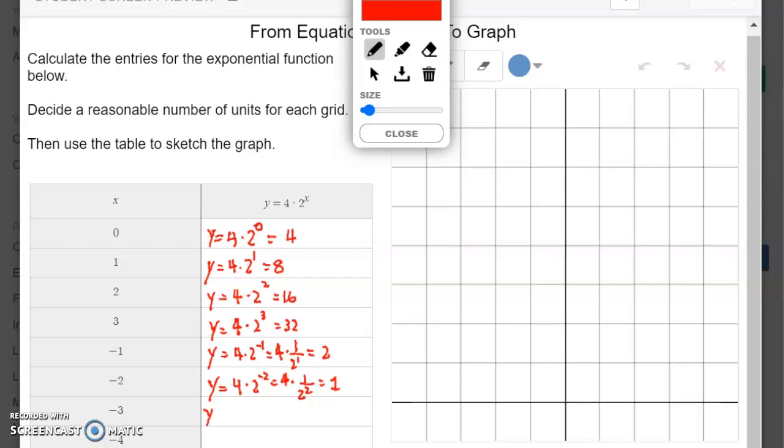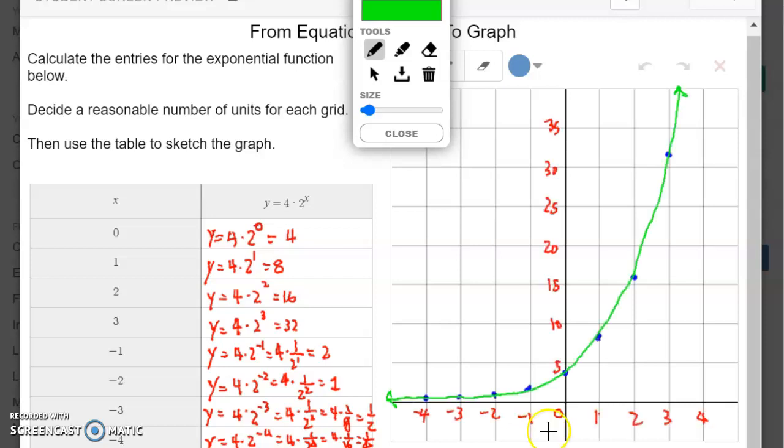When x is equal to -3, and so on. So here are my y values. Again, the y values extend from a very small number all the way to 32. So I chose to scale the vertical every 5, and that's my graph when I plot it.